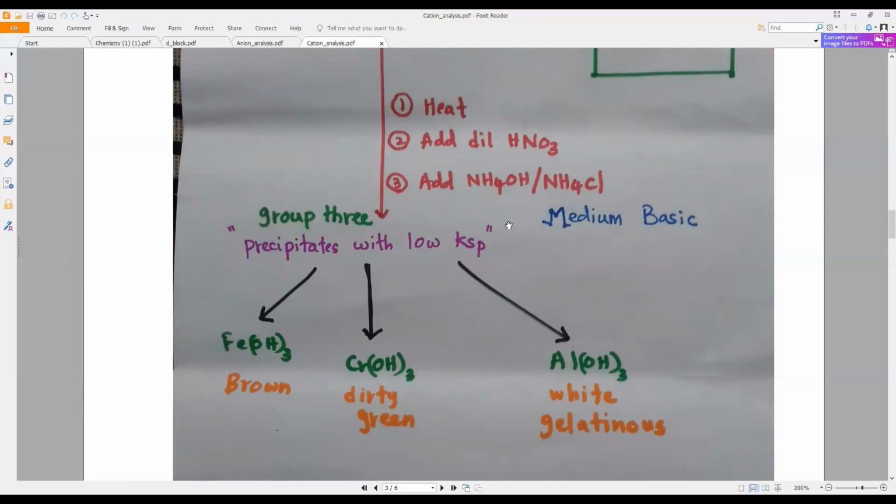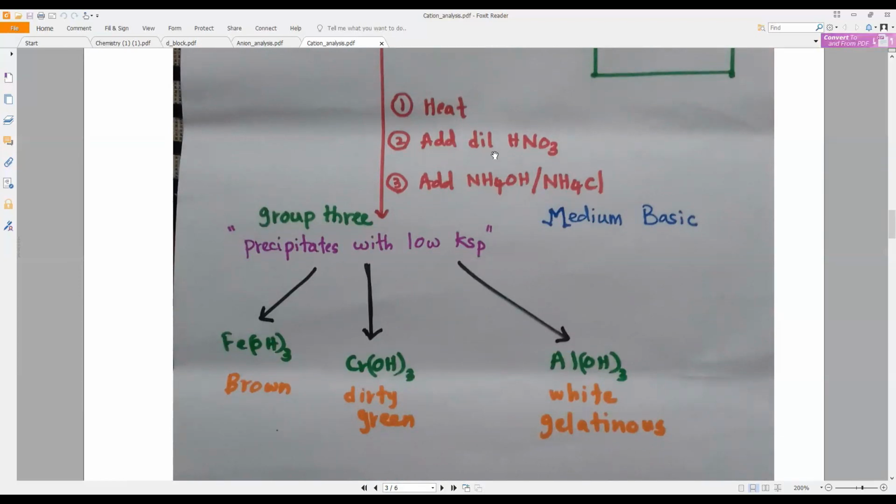Okay, but there can be some other cations that can be precipitated as hydroxides if you do not put ammonium chloride along with ammonium hydroxide. The common example is magnesium.